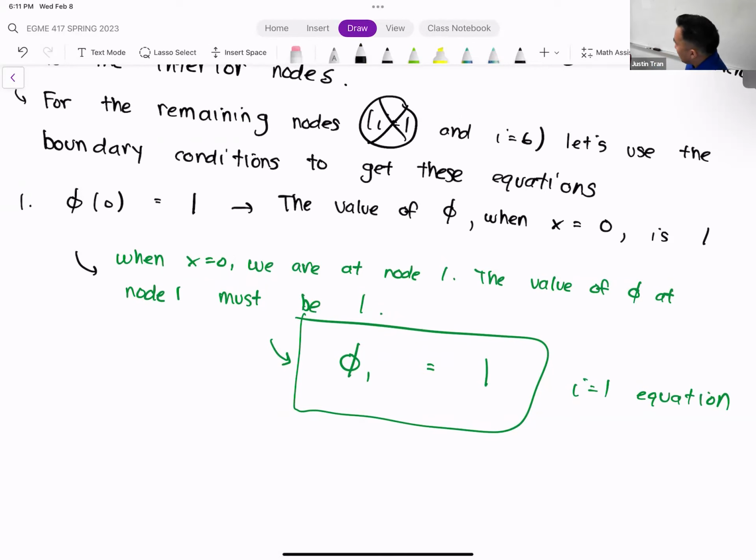Now we need an equation for I is equal to 6. Let's look at our boundary condition on the other side. Our boundary condition on the other side is d phi dx at x is equal to 1 is equal to 0.